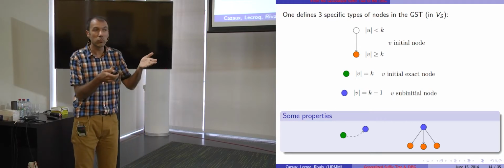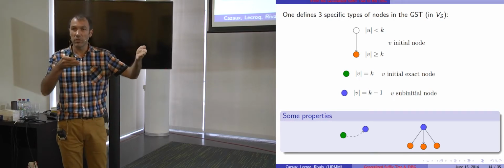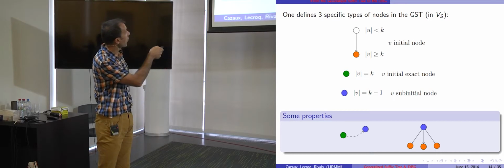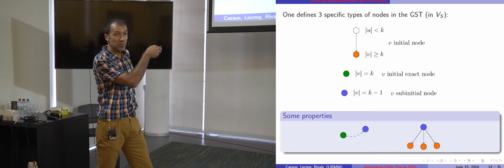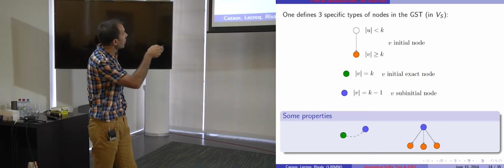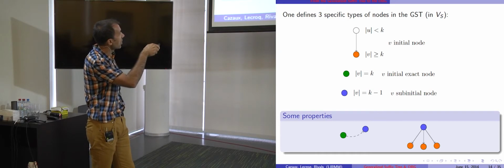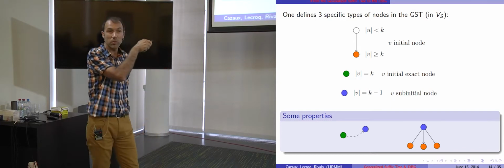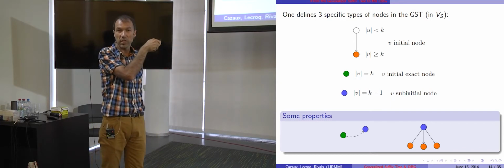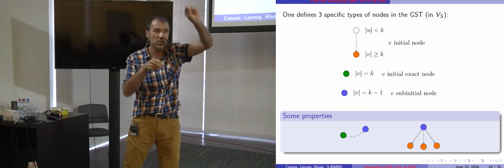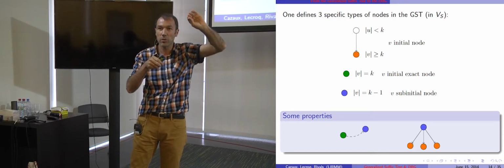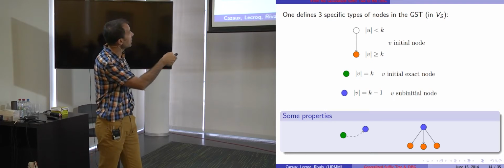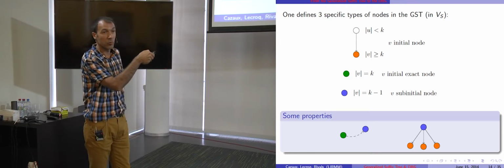And we could choose to represent those k-mers by some of the nodes in the suffix tree. That's what we will do. So the explicit nodes which are interesting for us are nodes which represent words which are larger or equal than k, and whose father represents a shorter word than k. Okay, this is the first node on its branch representing a k-mer, and below you have extensions of these k-mers. We will call those nodes initial nodes.